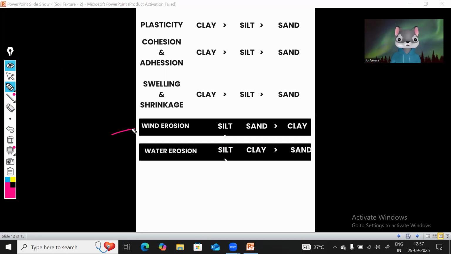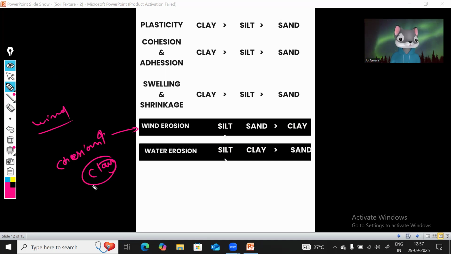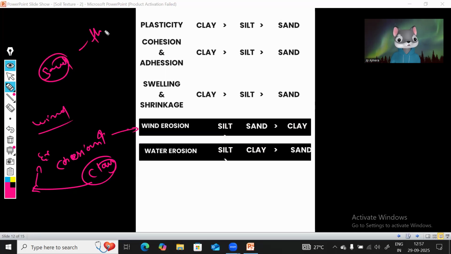Okay, we want to know about wind erosion. In clay, the cohesion is very high, so particles do not get displaced from each other very easily. But in sand, there is low cohesion, so particles detach easily.